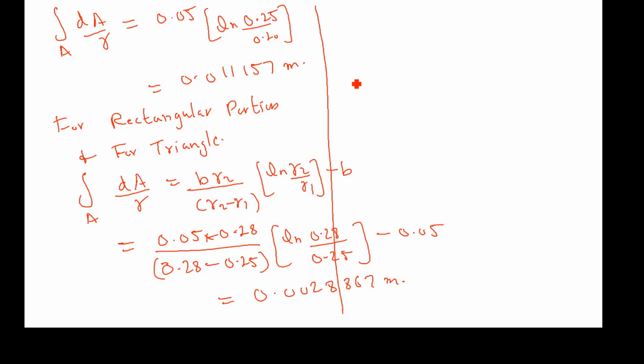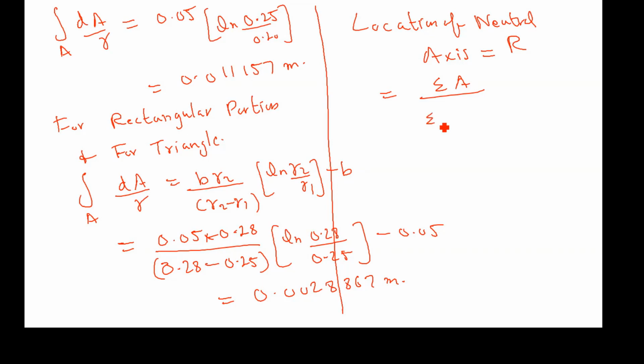Now we are going to find out the location of the neutral axis. The location of the neutral axis R is equal to summation of A divided by summation of integral dA by R. So it is equal to 0.00325 divided by 0.011157 plus 0.028867.